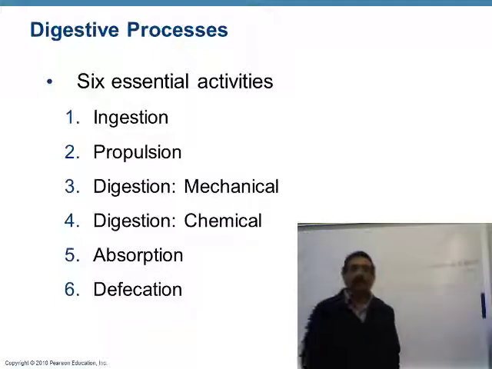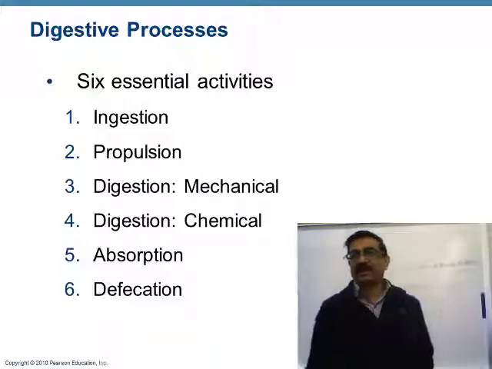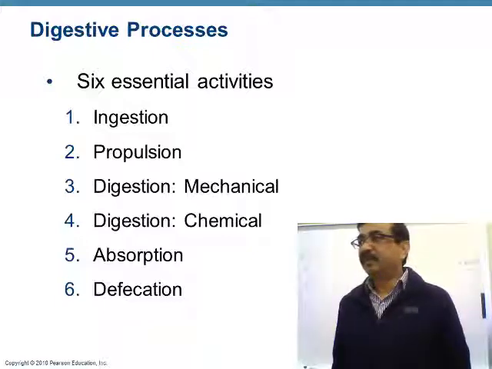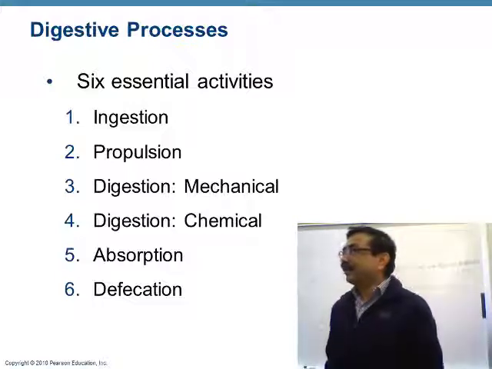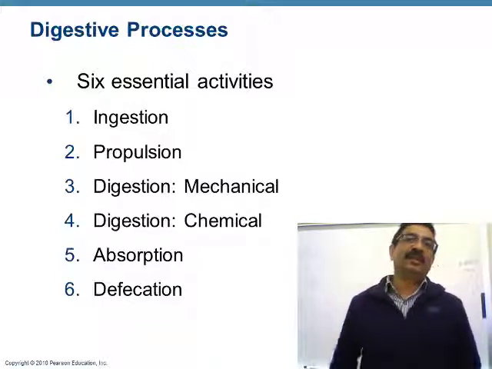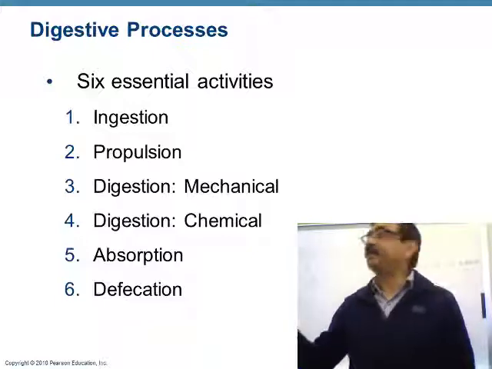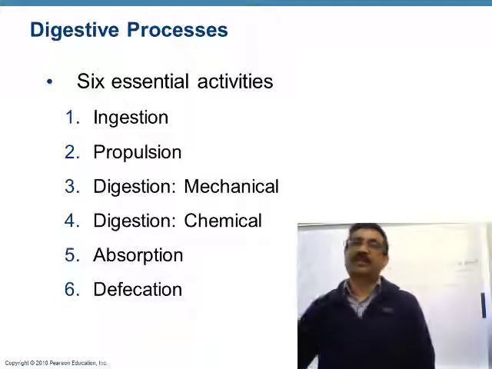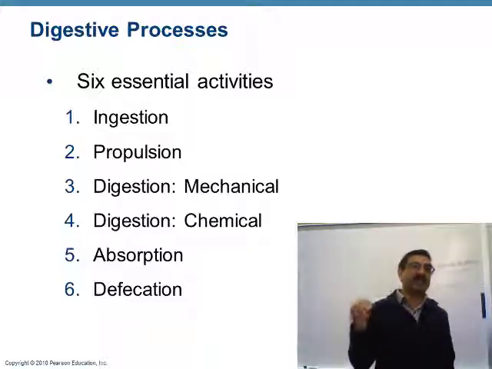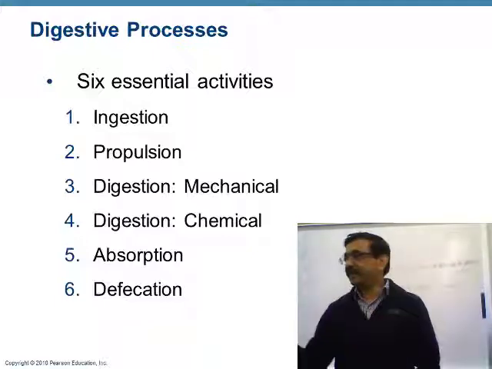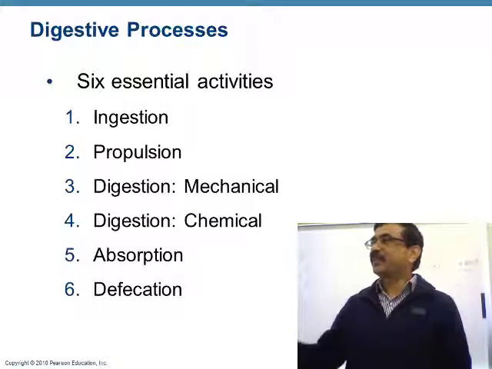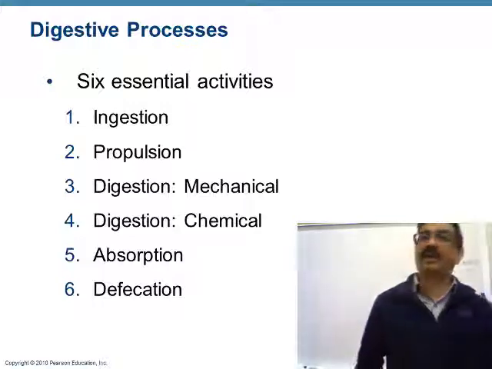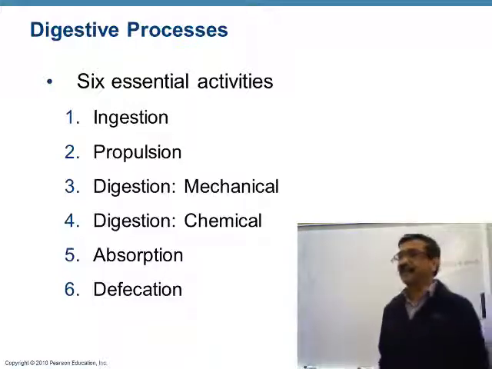Then those food stuffs that are not absorbed will remain in the GI tract and eventually will get out from the body as feces, and that process is called defecation. Defecation is the process by which unabsorbed food stuffs get out from the body as feces.